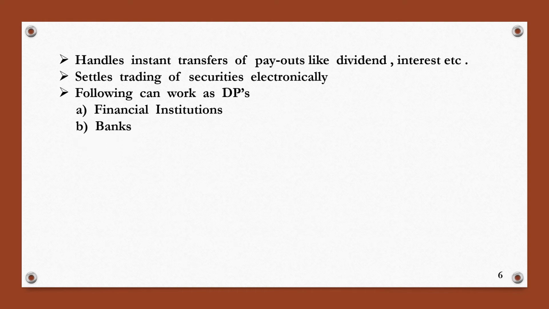Further, banks, there is State Bank of India, Bank of Baroda, Dena Bank, etc. Even these banks can play the role of depository participant. Further, approved foreign banks. There are foreign banks, multinational banks in our country. Even after getting permission from the government, even these foreign banks can play the role of DP.